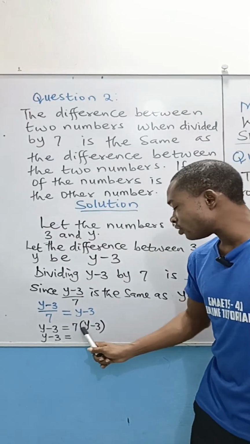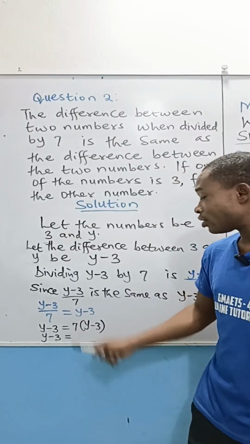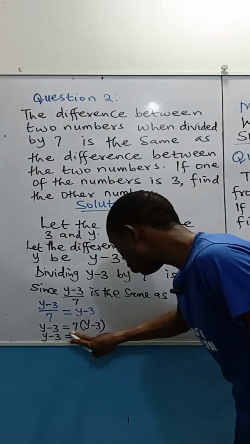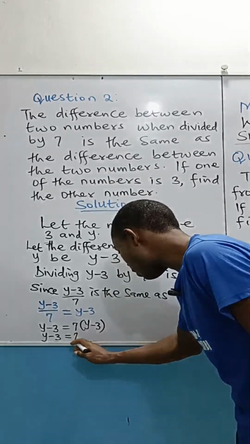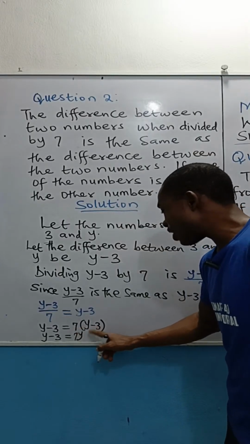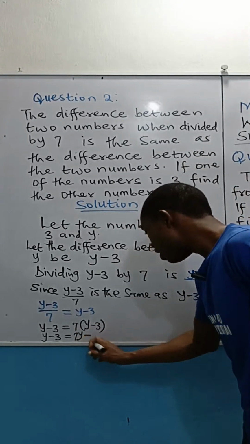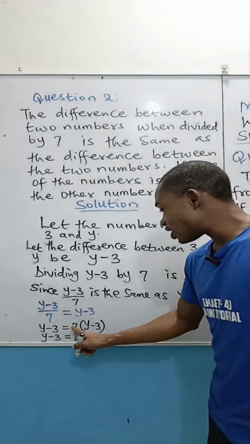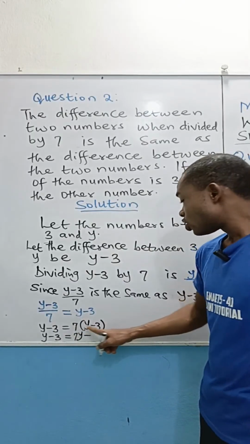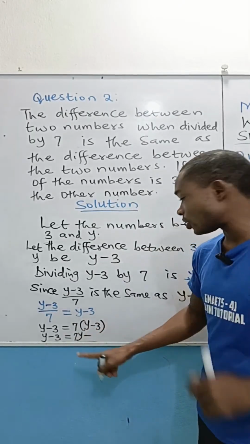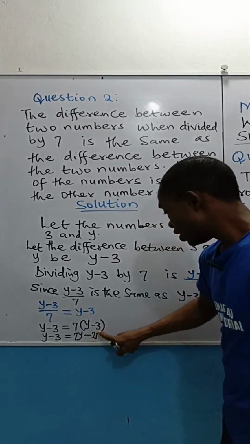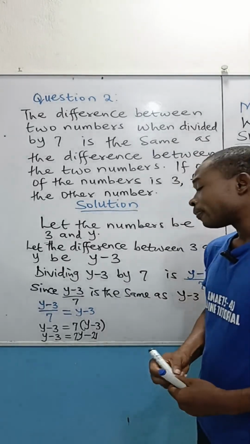If this positive 7 multiplies plus y, it will remain plus 7y. Then again, this 7 will multiply this 3. This is minus 3, so that minus will be maintained, because the sign of this 7 outside that you are using to open the bracket is plus. So all the signs inside the bracket will remain the same. 7 times 3 will give you 21.